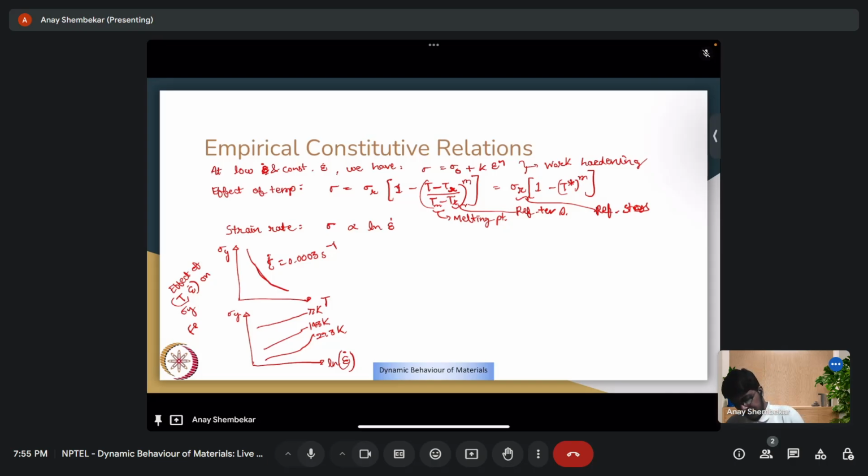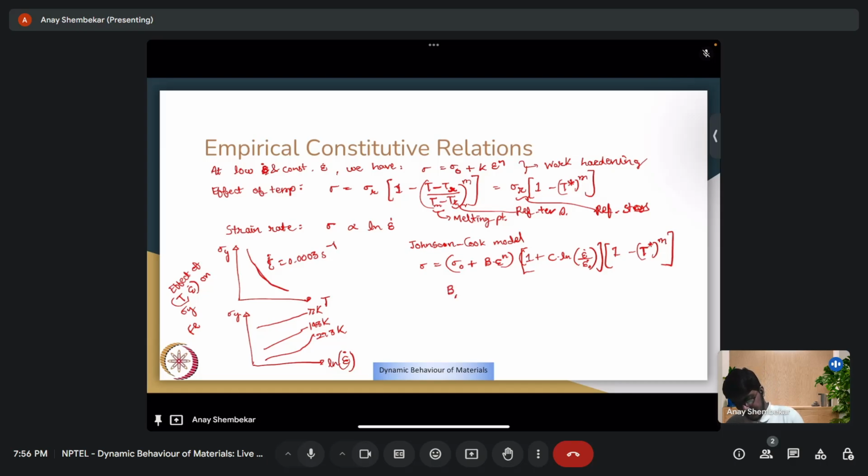That is the popular Johnson-Cook model, wherein you write sigma equals (sigma naught plus B epsilon raised to n) times (1 plus C ln of epsilon dot by epsilon dot naught) times (1 minus T star raised to m).